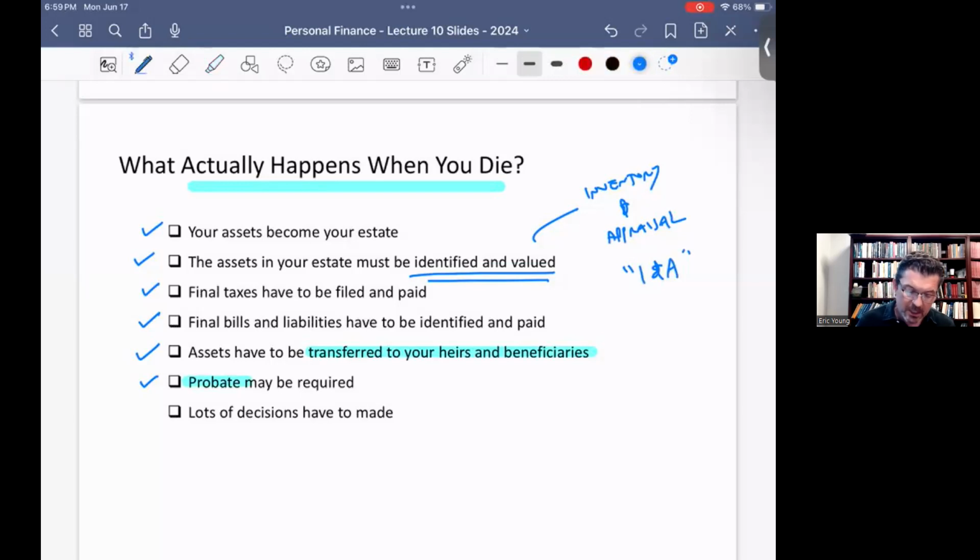Ultimately, when you actually die, a lot of decisions have to be made. And those decisions have to be made by somebody that you trust.